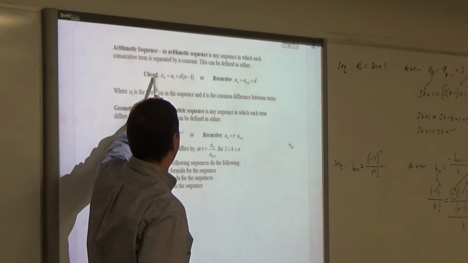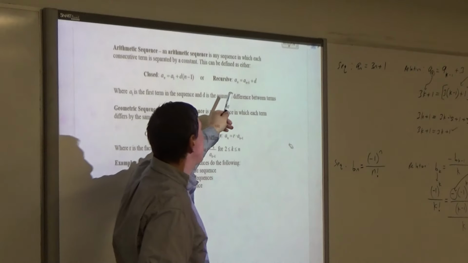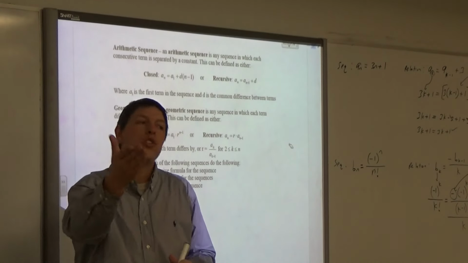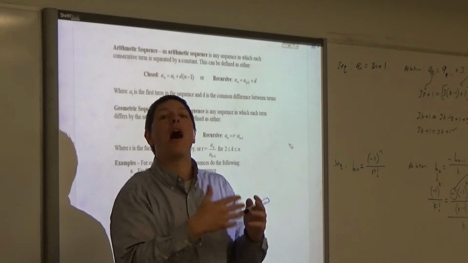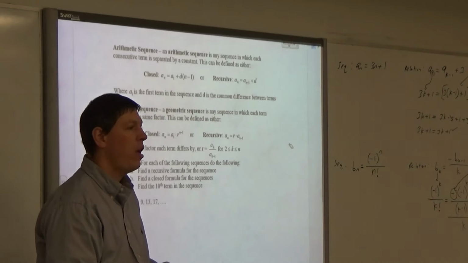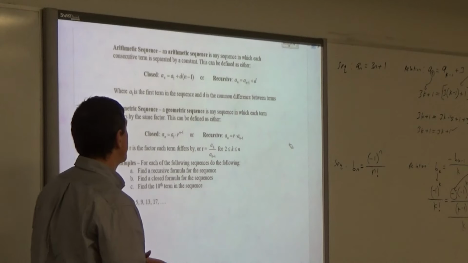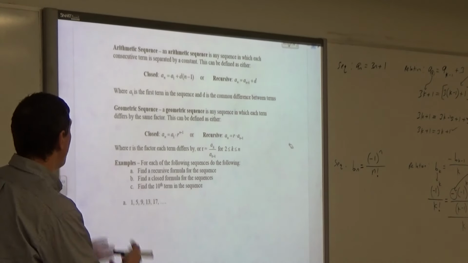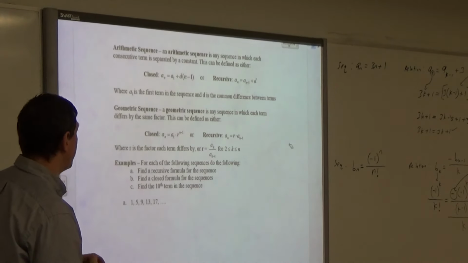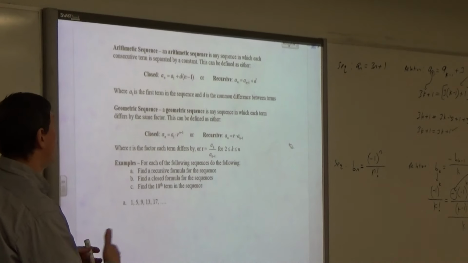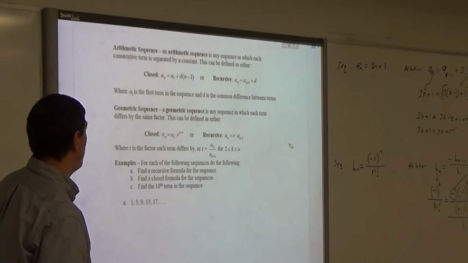This is the nice form that we want. Or you could write it in the recursive form, where you just keep going through and keep adding a common difference each time. Now, we know that recursive is bad and closed form is good. So if we can get to a closed form, that's great. But if not, then we have to rely on the recursive form.